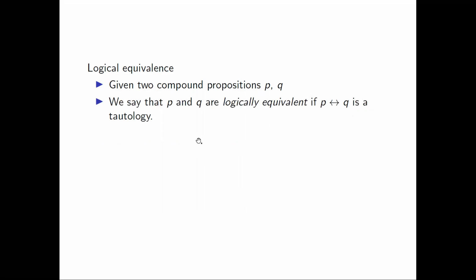And we say that P and Q are logically equivalent if P biconditional Q, in other words, P if and only if Q, is a tautology. I'm going to cross that out.